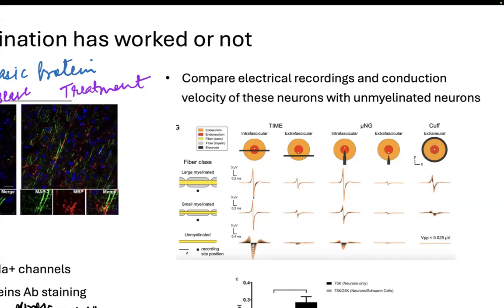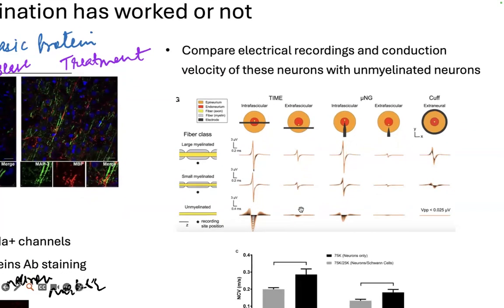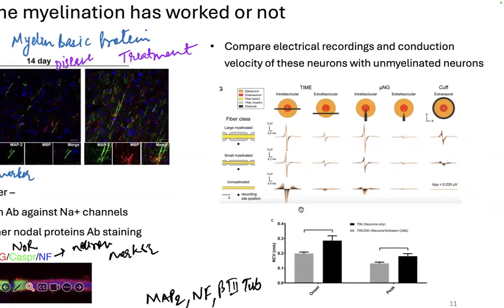There's a better signal conduction. So there are two things, and again, these are just complicated figures. What I would like you to look at here is that there's this unmyelinated type of neuron, some recordings from there, and then there's some other sort of myelination, less myelination, more myelination.